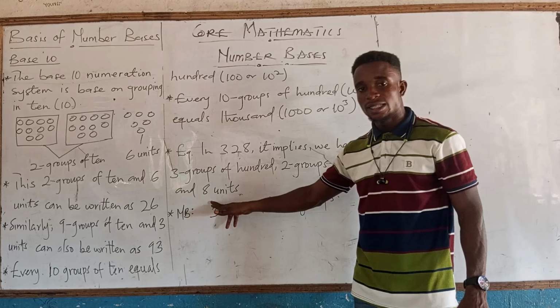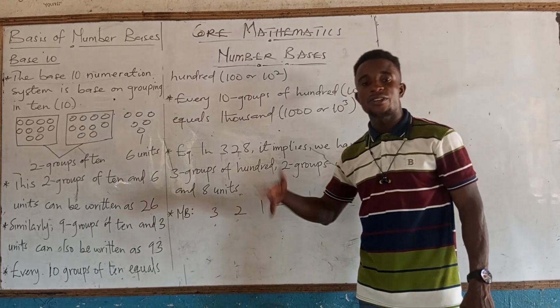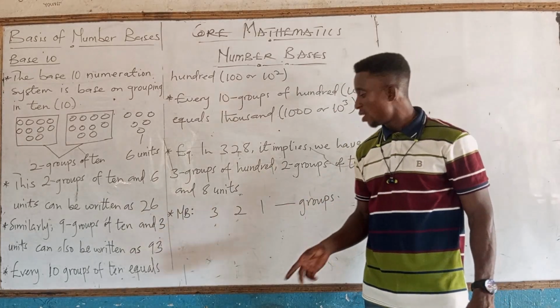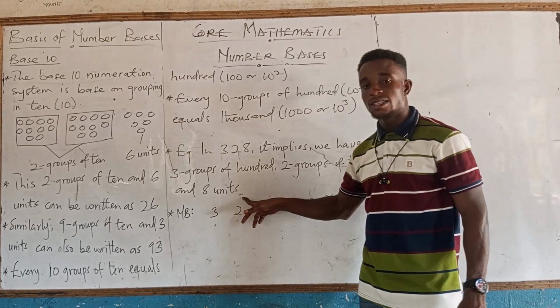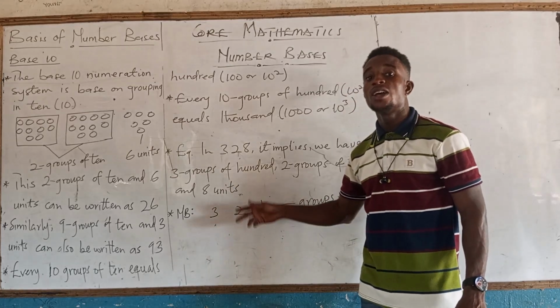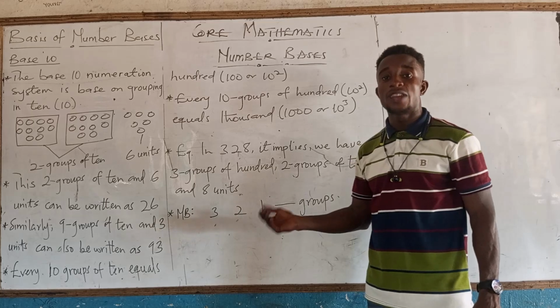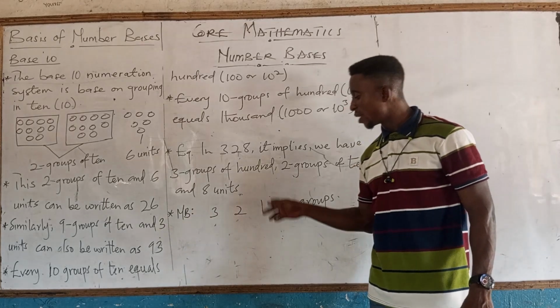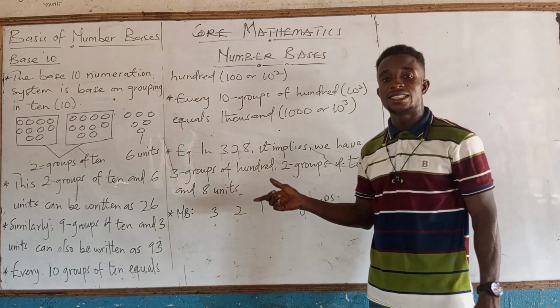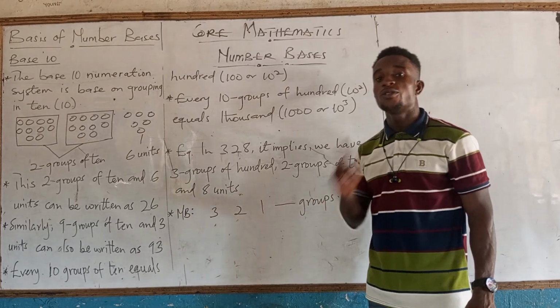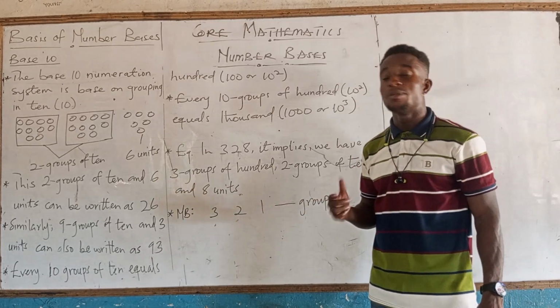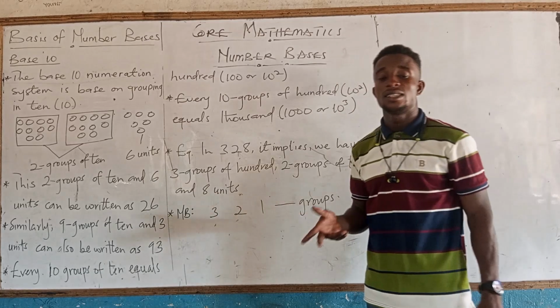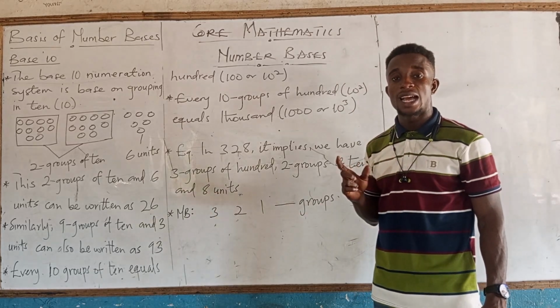The hundreds, and this 3 is telling you we have 3 groups of what? 100. We get to what? The tens, and this 2 is telling you we have 2 groups of what? 10. And we get to the ones or the units, and this 1 is telling you we have only 1 group of what? Unit. Meaning we have what? 1 as a unit. Please, are we getting that?